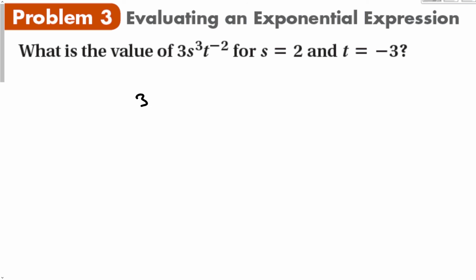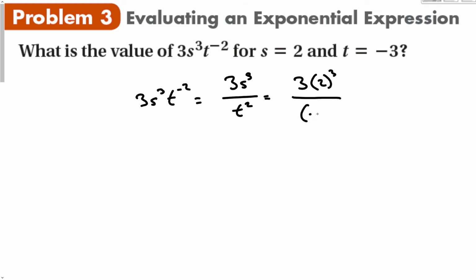So we have 3 s to the third t to the negative 2. All I have to do is move that variable with a negative exponent to the bottom of a fraction: 3s to the third over t squared. Substituting gives me 3 times 2 to the third over t, which is negative 3 squared.